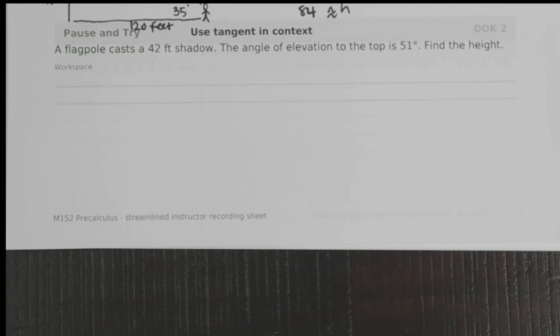A flagpole casts a 42-foot shadow. The angle of elevation to the top is 51 degrees. Find the height. So the shadow is along the ground, so it is the adjacent side.